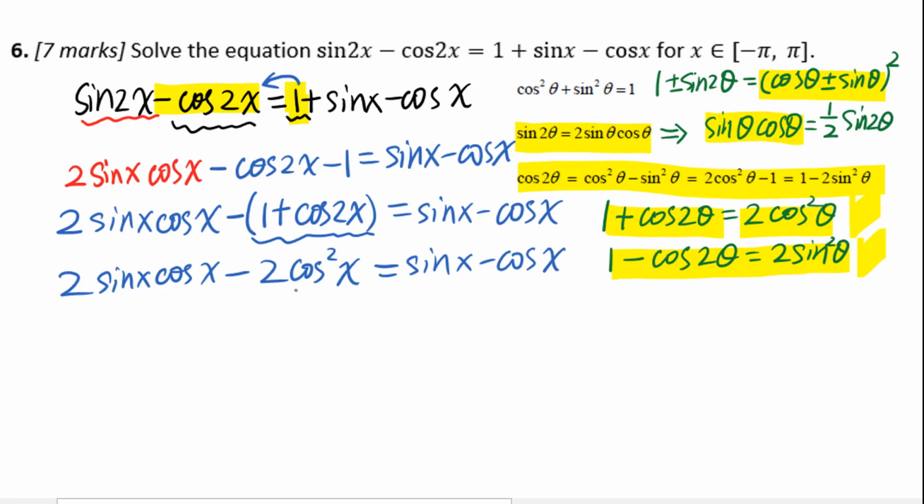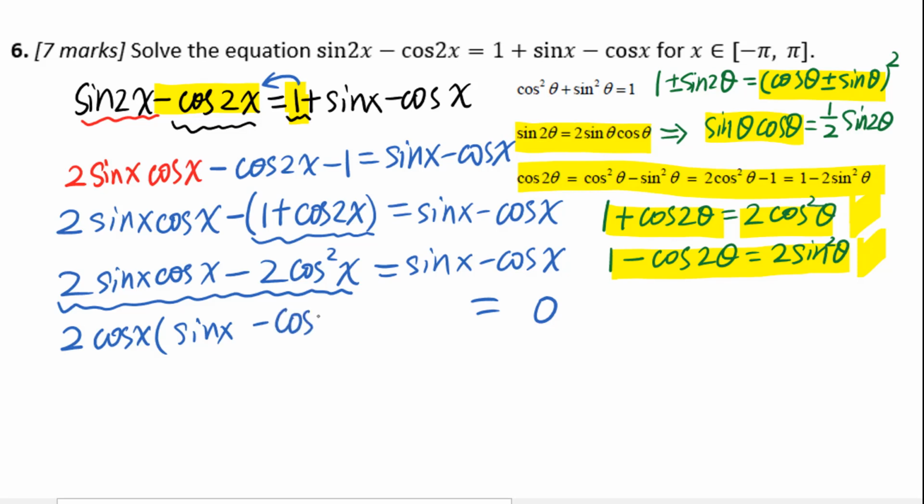We will consider this a quadratic pattern equation, so we need to get it equal to 0. And also, we will get a common factor for these two. That is 2 cosine x, sine x minus cosine x, then minus sine x plus cosine x equals 0. We could make sine x minus cosine x a common factor.